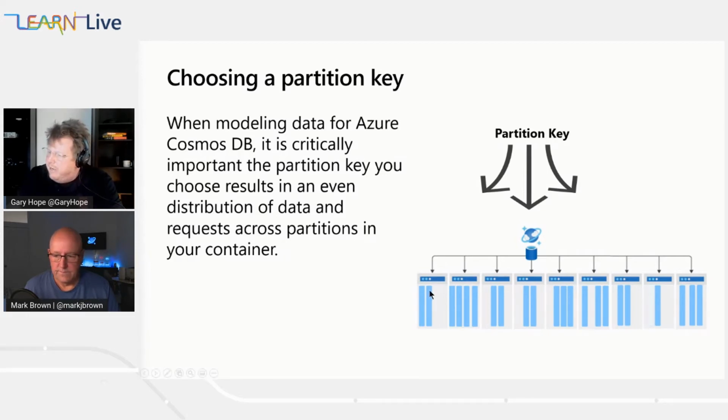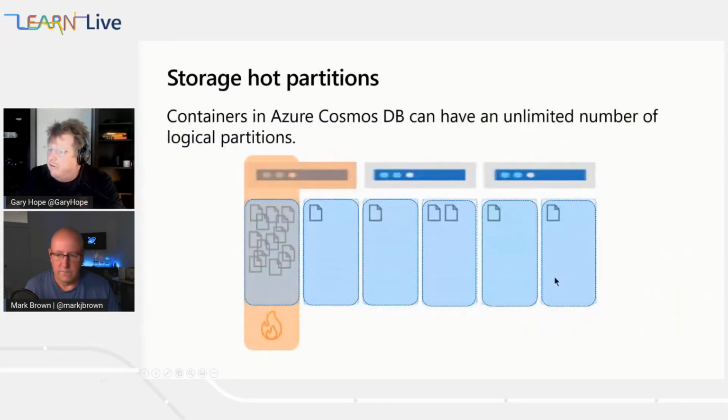If we partition data correctly, it will be well distributed both in terms of storage as well as throughput. And you will avoid what we call hot partitions. Hot partitions occur when all of the data ends up on one logical partition or one physical partition because we've chosen a partition key that doesn't allow us to distribute that data evenly.